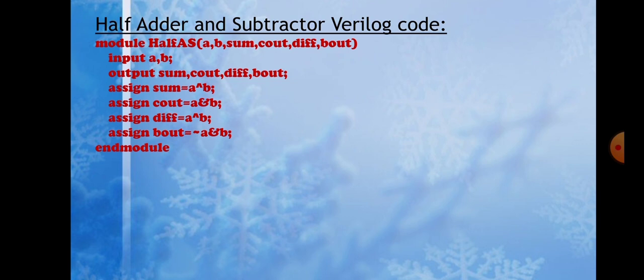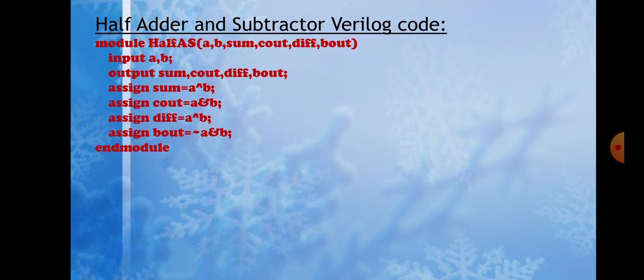Input A and B. Output sum, C out, difference, borrow out. So this is a data flow program. You can see here the keyword assign. Assign sum equals A XOR B. Assign C out equals A and B. Assign difference equals A XOR B. Assign B out equals not A and B.